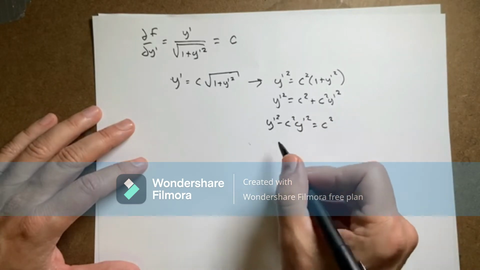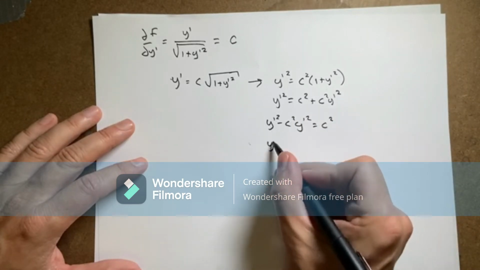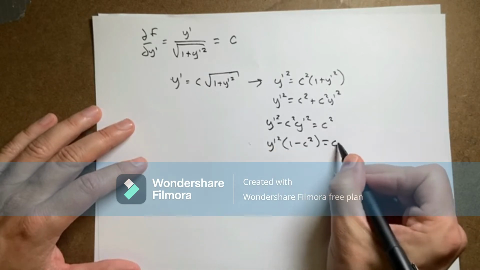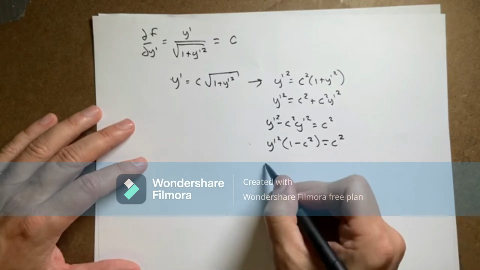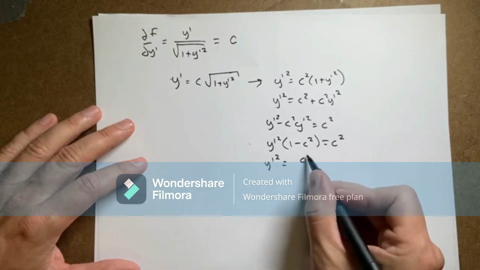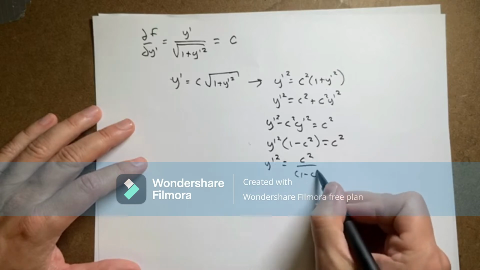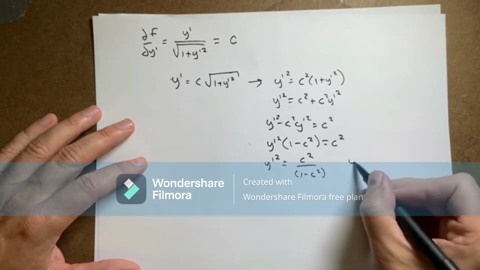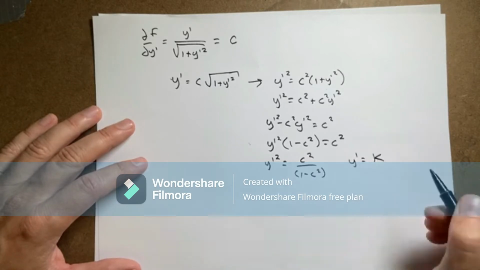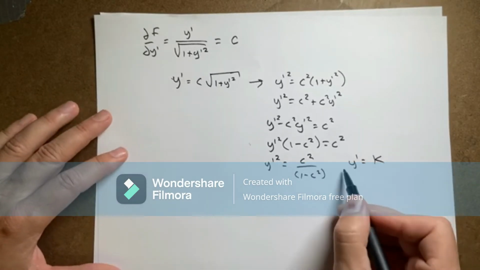And then I'm going to factor out the y prime squared, and I get y prime squared times 1 minus c squared equals c squared. Now I'm going to divide both sides by this. Y prime squared equals c squared over 1 minus c squared. And then I take the square root. Y prime equals a constant. I'm going to call it k. So this is my solution right there.